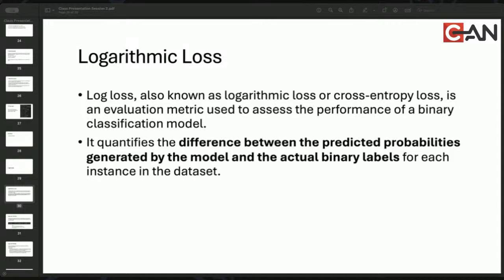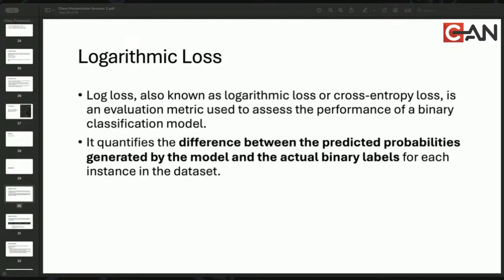Logarithmic loss is the performance for binary classification leveraging the probabilities actually predicted by the model compared to the labeled outcomes. So prior to this, we have not talked about probabilities at all in any of our performance metrics.